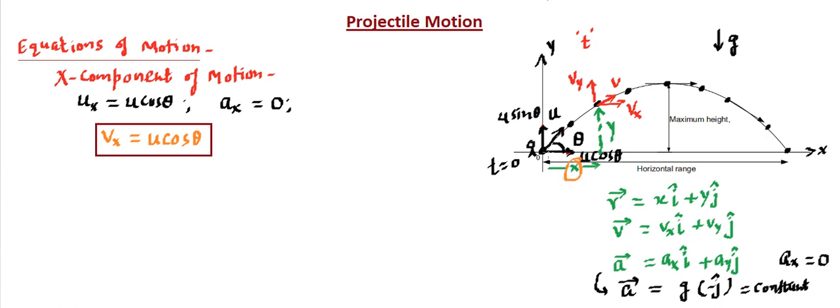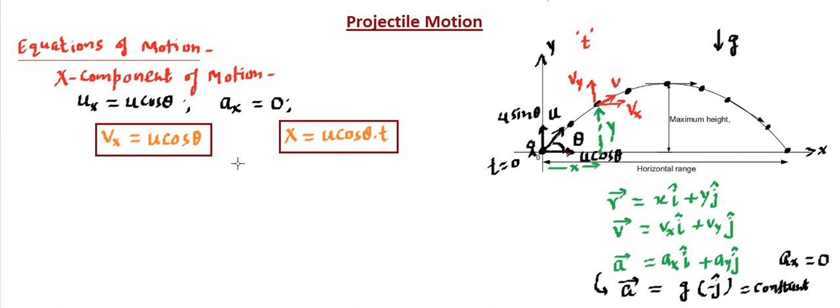The particle is moving constantly in this direction, and in t seconds this is the distance it covers. So in the horizontal direction, the displacement is x equals velocity into time, which is vx into t. Placing the value of vx, it becomes u cos theta into t. That becomes the second important equation for projectile motion.